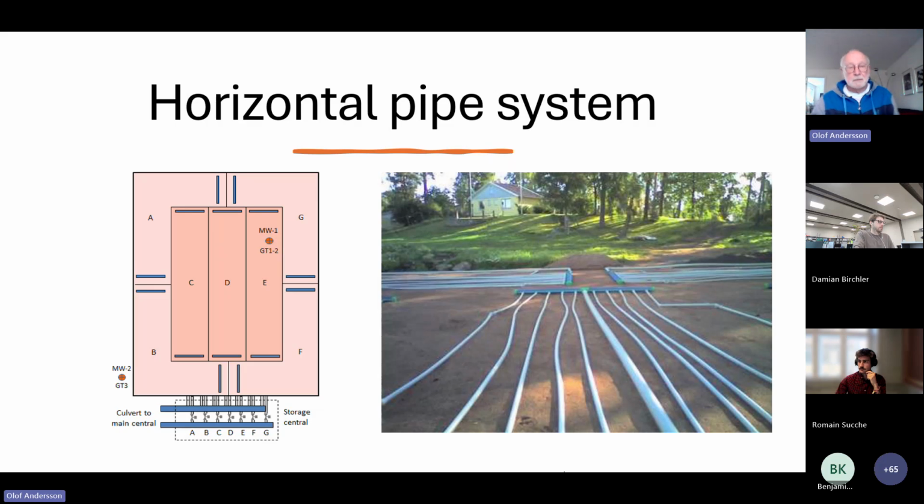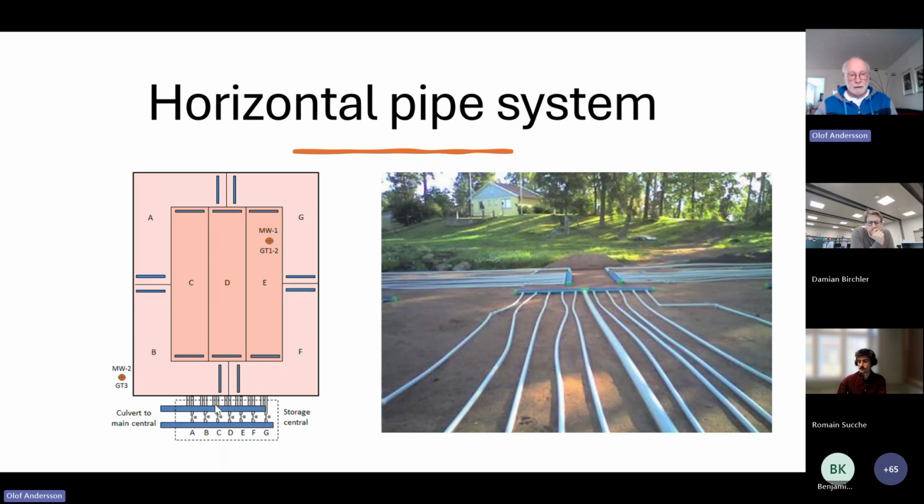The horizontal pipe system is plastic pipes, 40 millimeter, but we have field manifolds. That's these blue ones here. And in the overview picture, you can also see that we have separated the storage into 7 different sections, each one containing 20 boreholes, and they are parallel coupled, and 2 by 2 boreholes, and all sections are in parallel, so to speak.